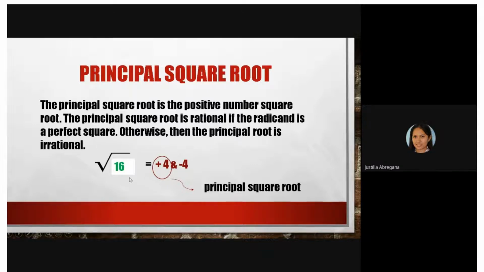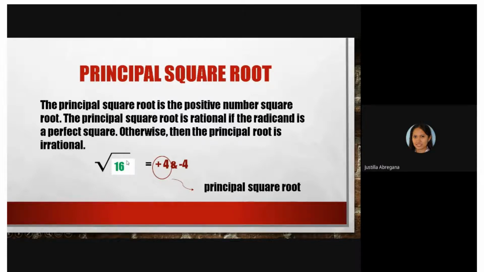Let's go back to the given square root of 16. We have two roots, positive 4 and negative 4. Again, how did we come up with them? We find a number that, when multiplied by itself, equals positive 16.